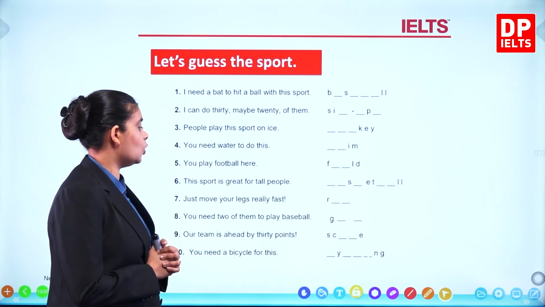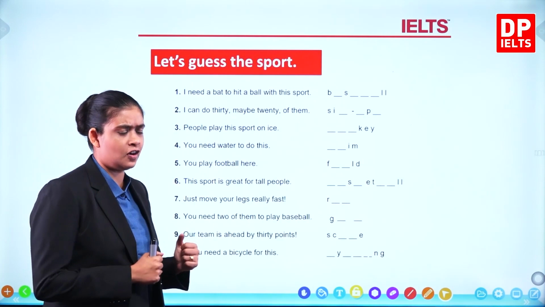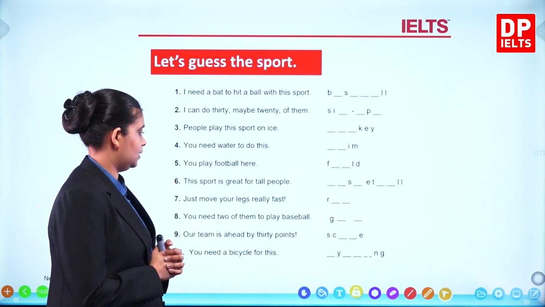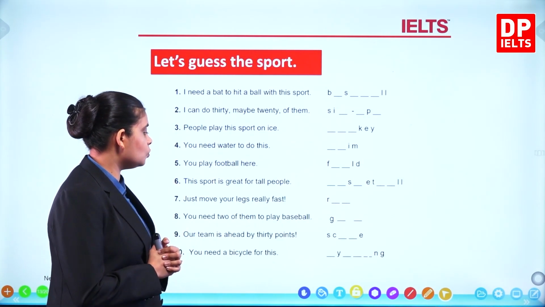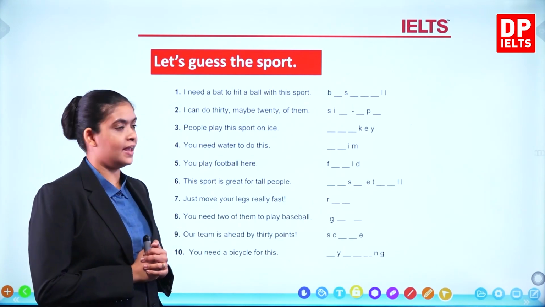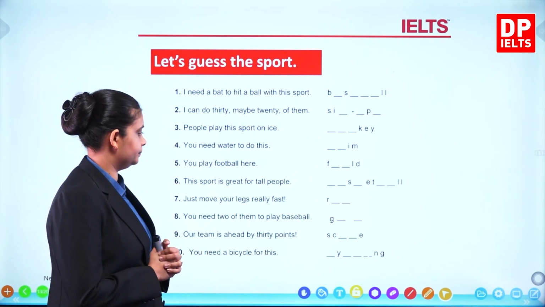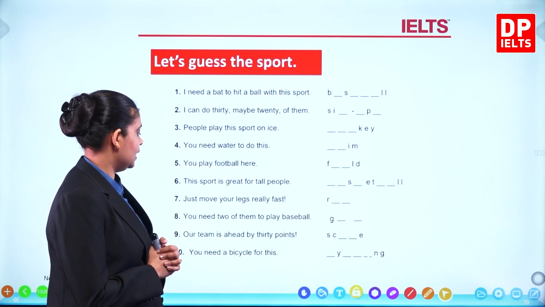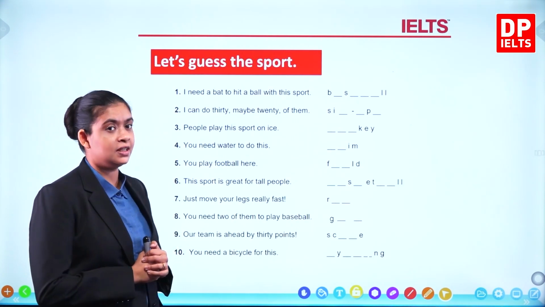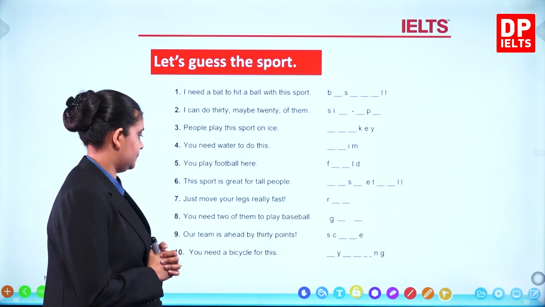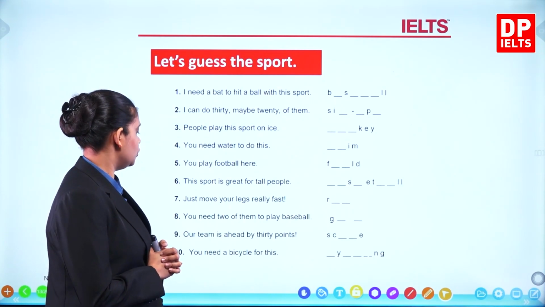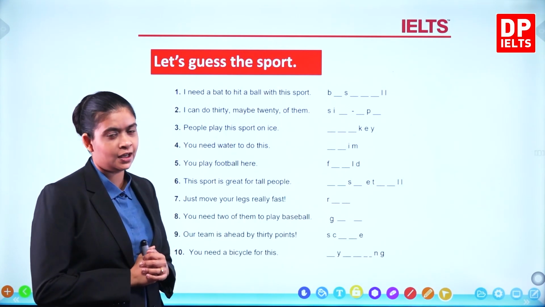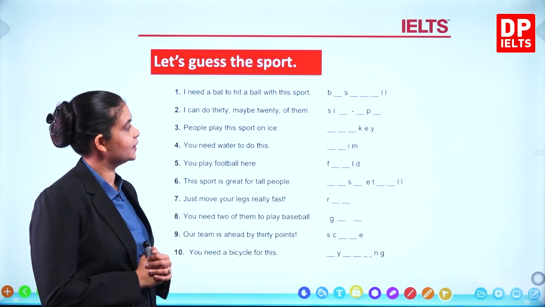Just move your legs really fast. You need 2 of them to play baseball. Our team is ahead by 30 points. You need a bicycle for this, right?